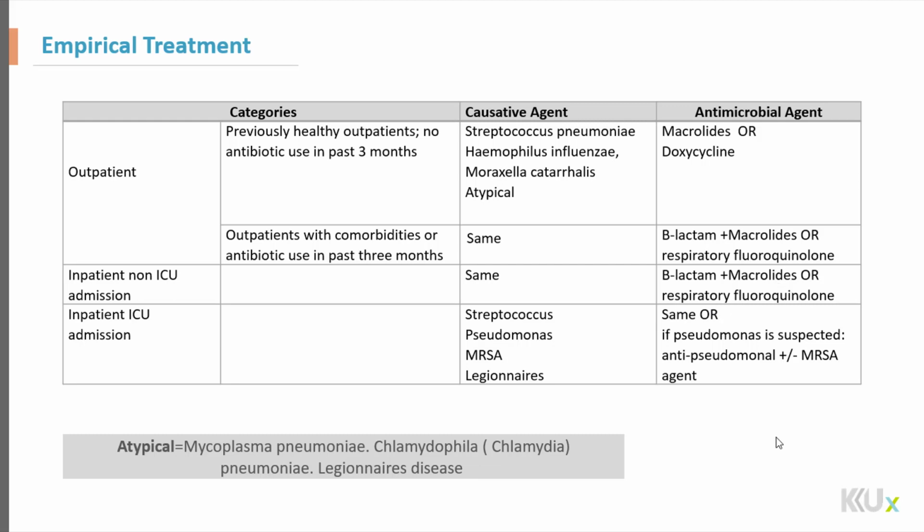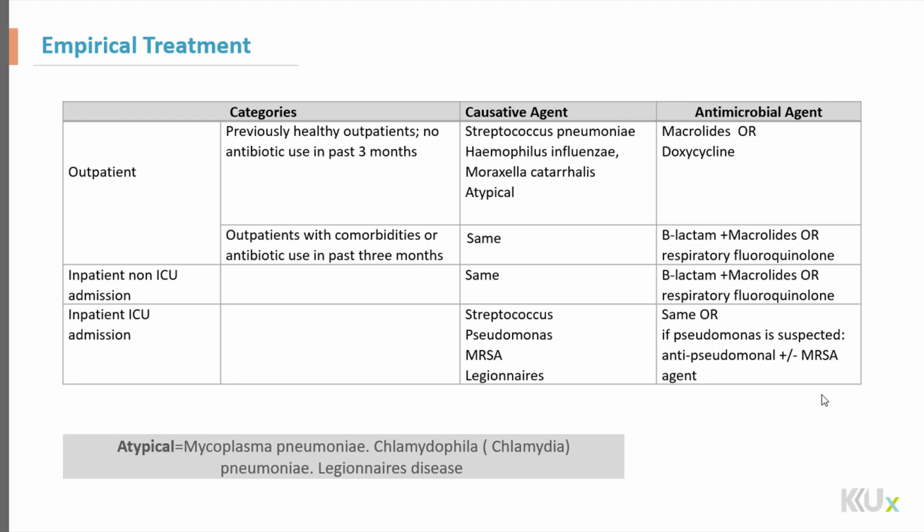If we suspect Pseudomonas for any reason, we have to give an anti-Pseudomonas, and you remember examples of anti-Pseudomonas included piperacillin tazobactam, ceftazidime, cefepime, meropenem, some fluoroquinolones, and so on. Also, if we suspect MRSA, we have to cover with an agent for MRSA such as vancomycin or linezolid.